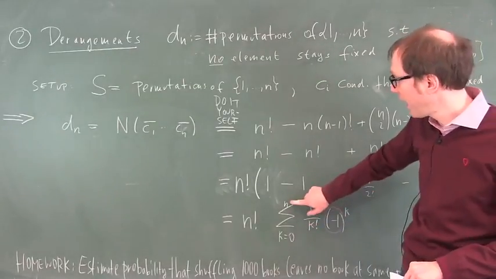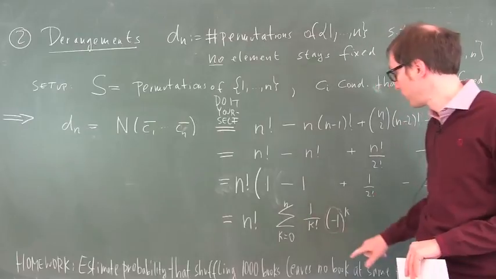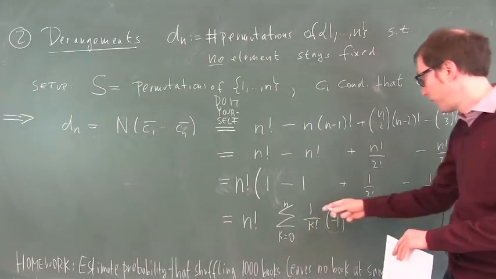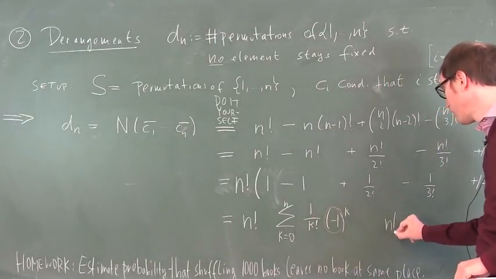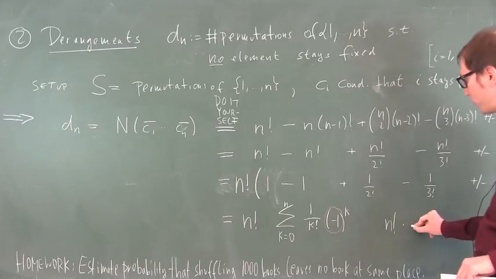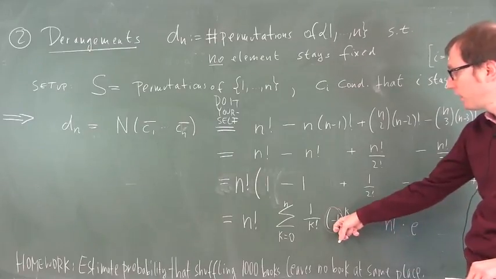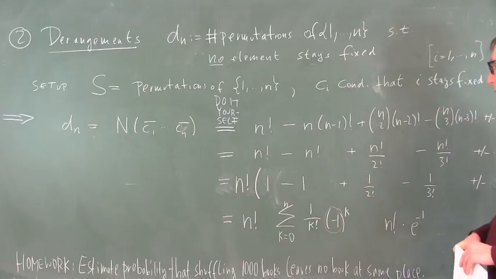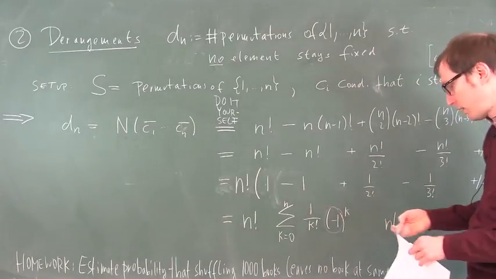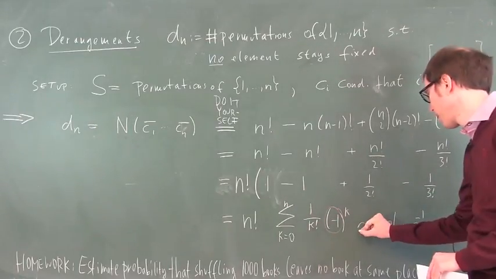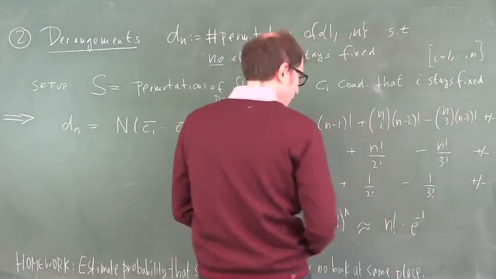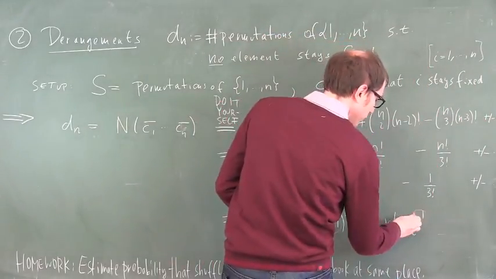It only goes up to n, it doesn't go up to infinity. If it went to infinity, you would have n factorial times e to the minus 1. But because we only go up to the nth term, this is roughly the same. So this is roughly n factorial times e to the minus 1.